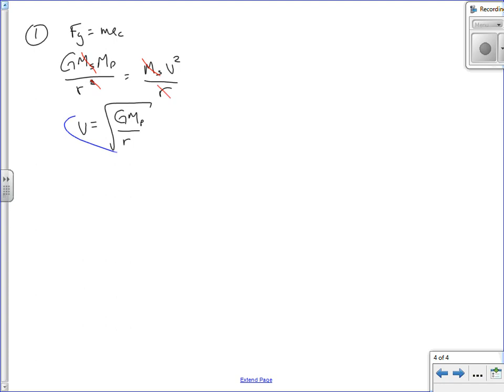What you have to be able to get used to is this idea here, that V and R are related with the square root. So if the radius of A is twice the radius of B, well, since R is underneath here, it's underneath the square root.